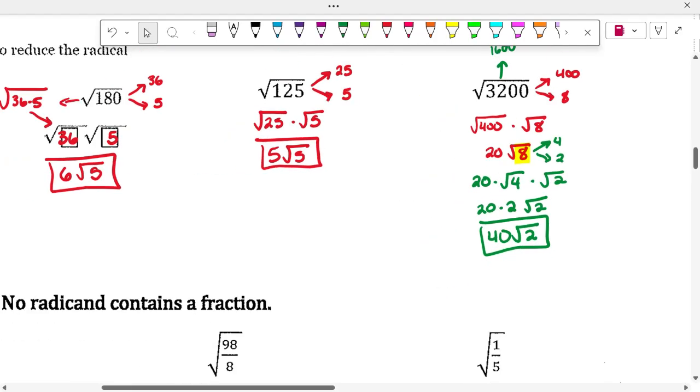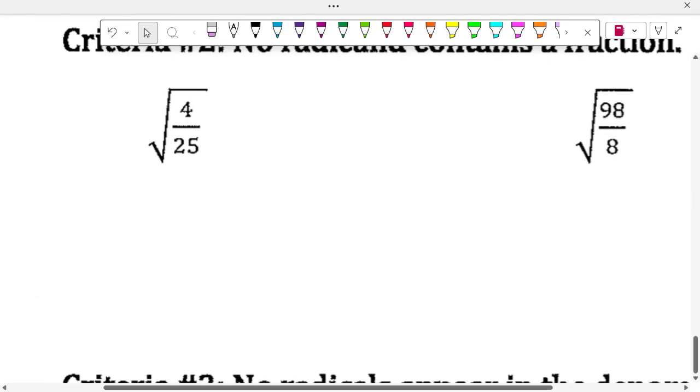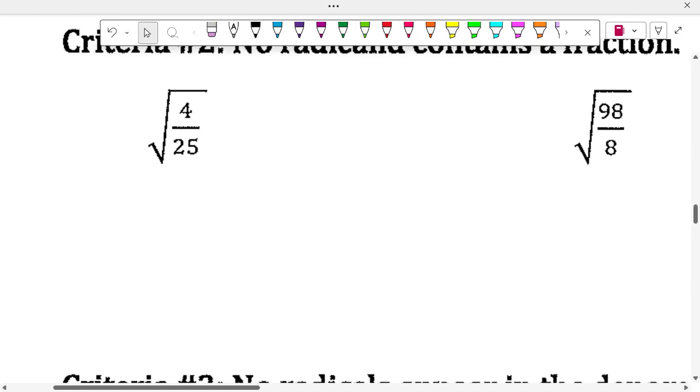All right. Now, that's simplifying. Let's look at fractional radicals. Just like multiplication, because remember, fractions is just another way to show what operation? Division. Just like how in multiplication we can split apart something times something under a single radical into two separate radicals being multiplied together, division is the same way.